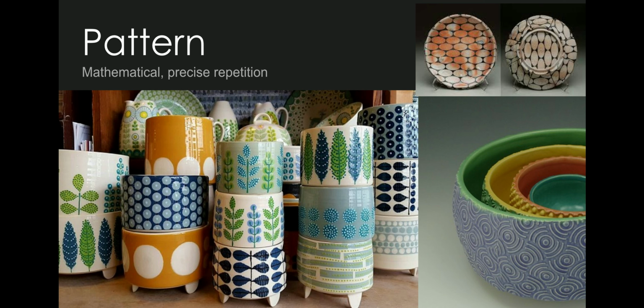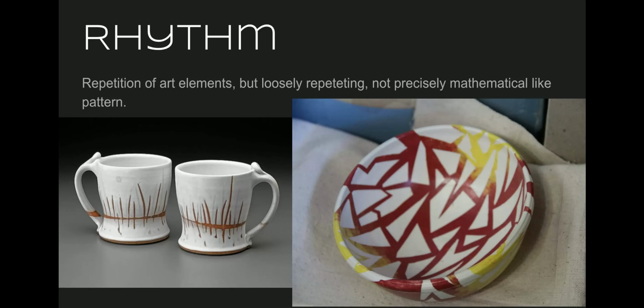So we look for mathematical and precision type designs when we look at pattern. Sometimes you think of clothing and quilts and wallpaper and wrapping paper usually have patterns to them.